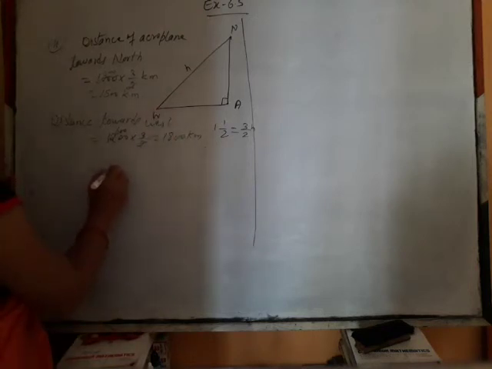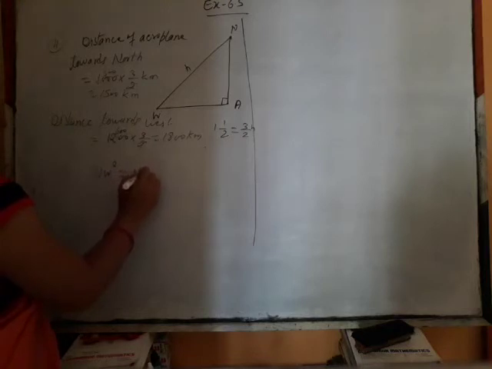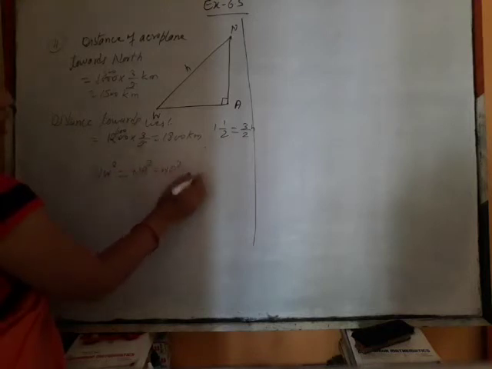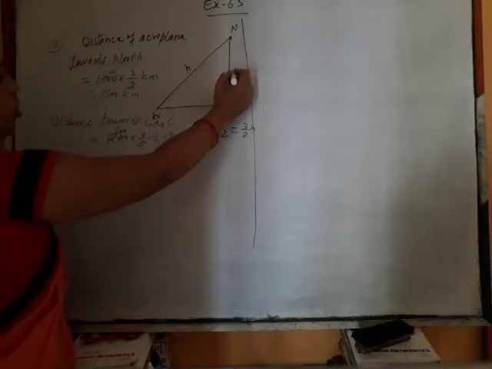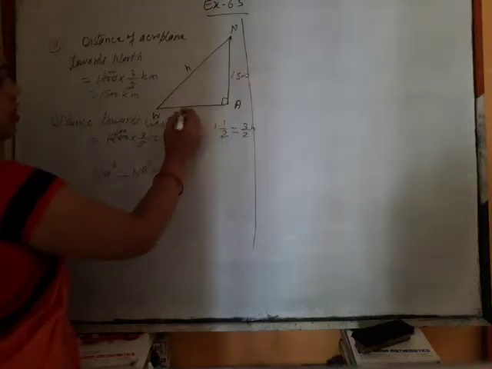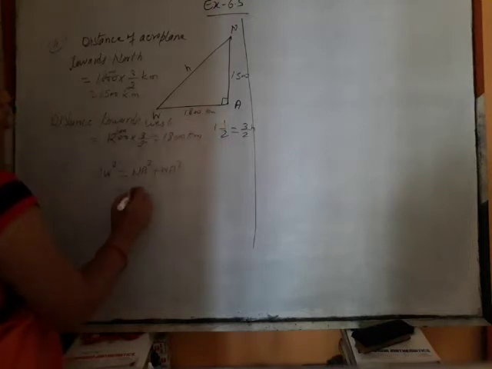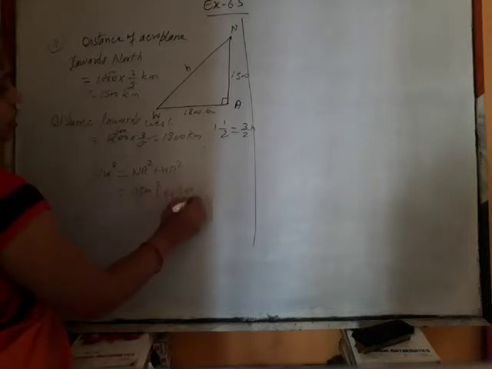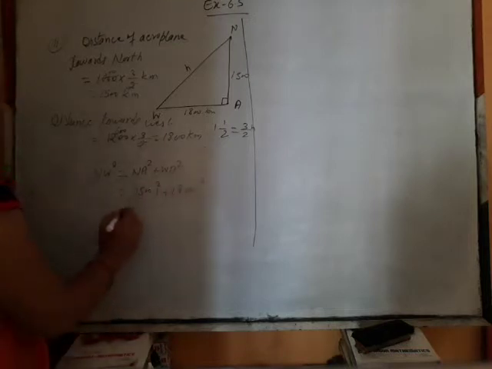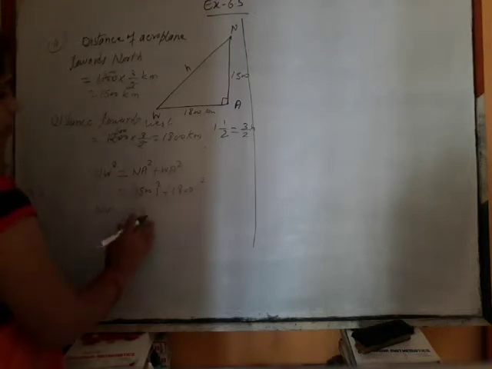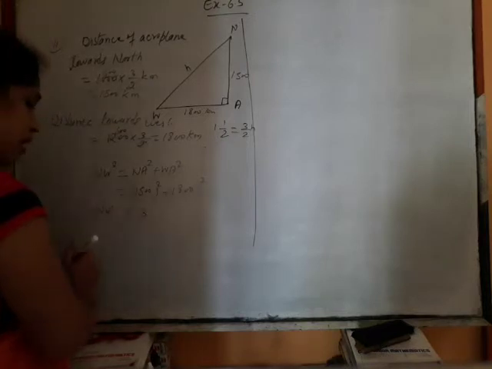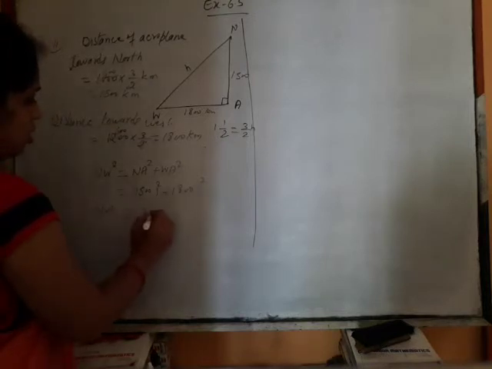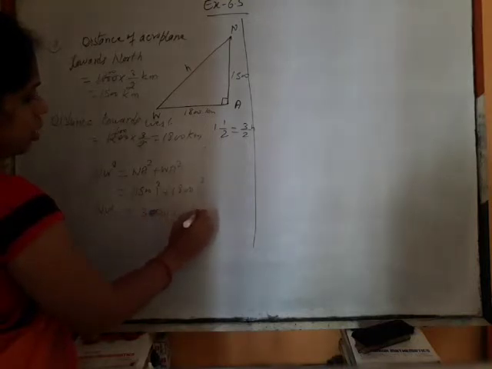So NW square is equal to NA square plus WA square. NA we got as 1500 kilometers and WA we have got as 1800 kilometers. So it is 1500 kilometers square plus 1800 kilometers square. After solving it and taking the square root of NW, the answer came 300 root 61 kilometers.